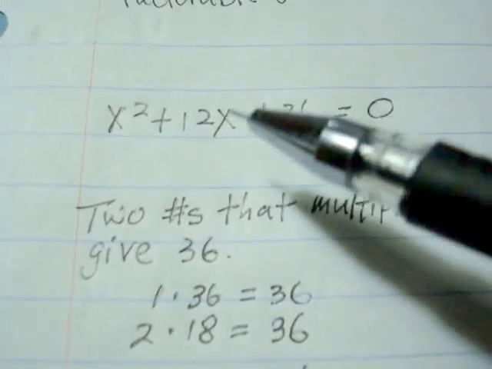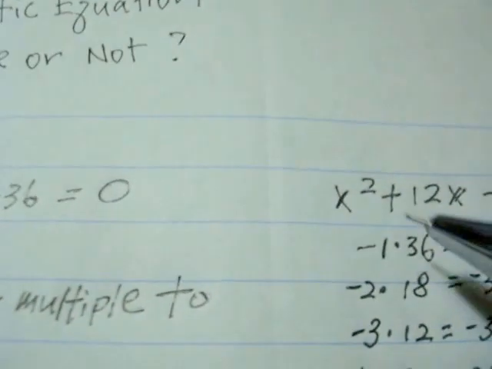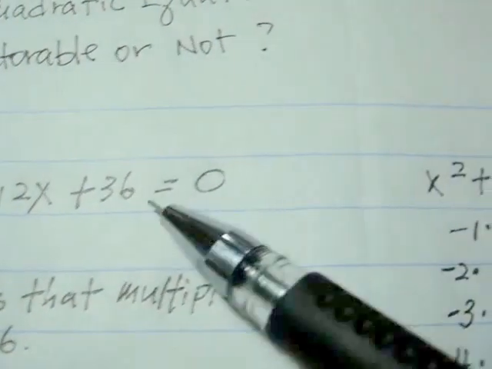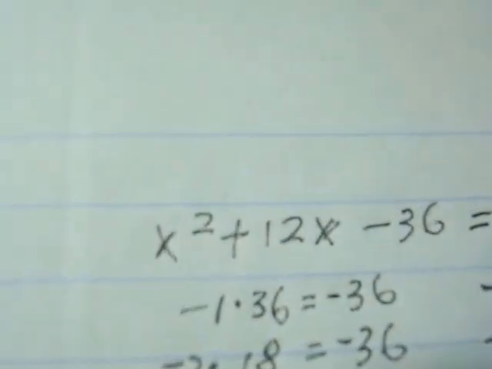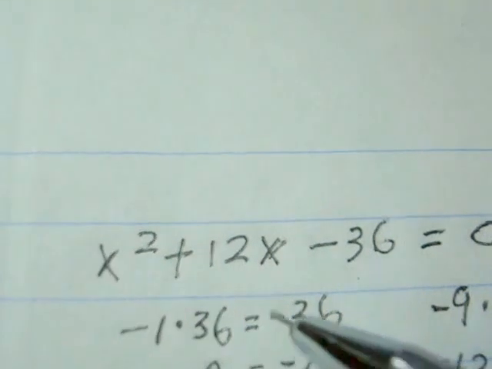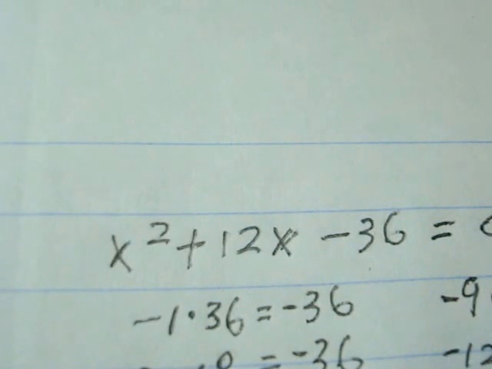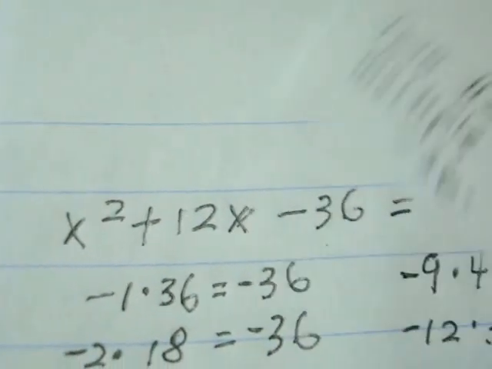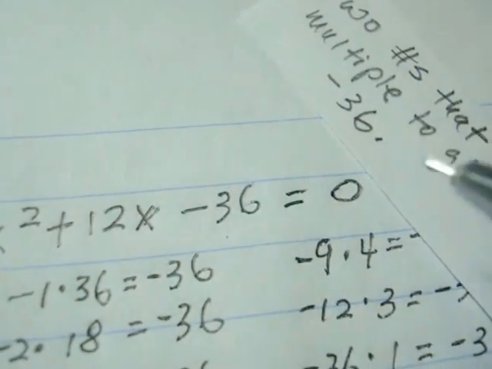So let's say I change this quadratic equation to x squared plus 12x minus 36, and they want us to find whether this quadratic equation is factorable or not. You just do the same thing: find two numbers that multiply to give -36.